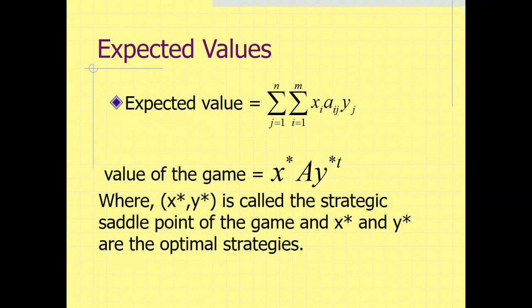Therefore, if player X chooses the mixed strategy X and player Y chooses the mixed strategy Y, then the outcome Aij will occur with probability xi yj, since this is the probability of both player X choosing the strategy i and player Y choosing the strategy j. Thus, the expected value for the game is the sum of all the products xi, aij and yj, that is, sigma over j from 1 to n and i from 1 to m of xi aij yj.